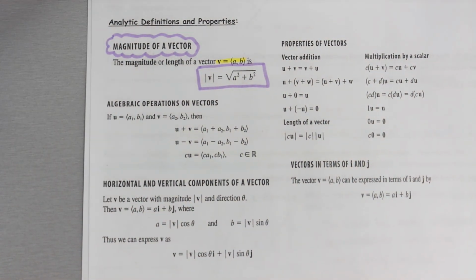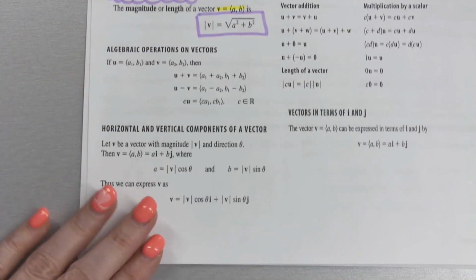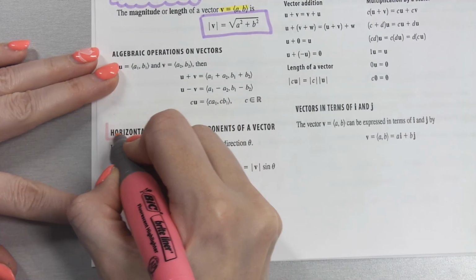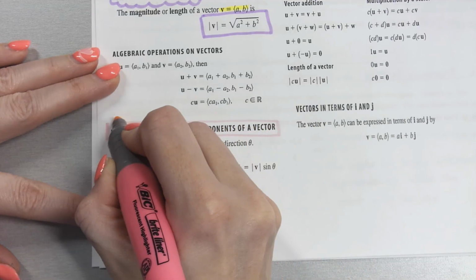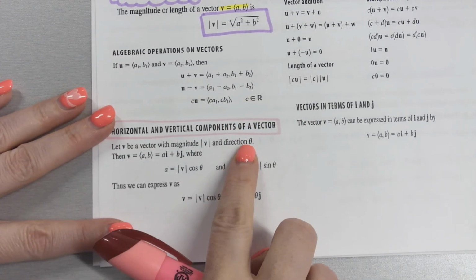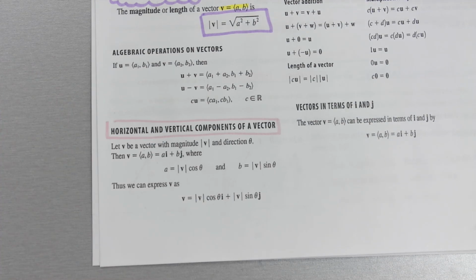Now, we're also just going to go over these two boxes, the horizontal and the vertical components of a vector. Okay, so let v be a vector with a magnitude v and a direction of theta, which we will get into as well.